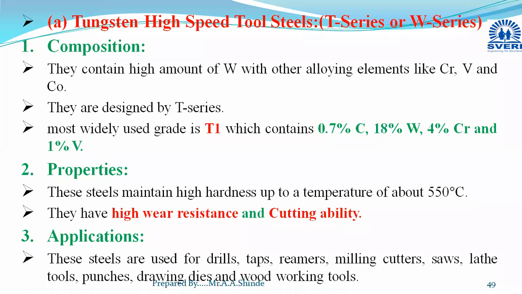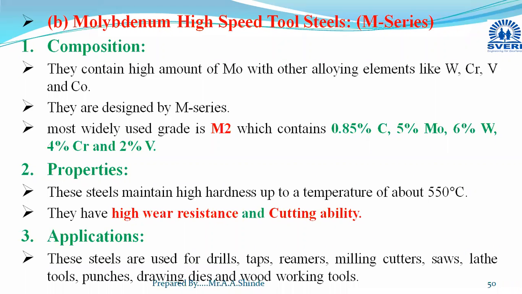And we will move towards the second type of high speed tool steels, the molybdenum type high speed tool steels. Related to their composition, these are high carbon steels with a very high amount of molybdenum with other alloying elements like tungsten, chromium, vanadium, and cobalt.